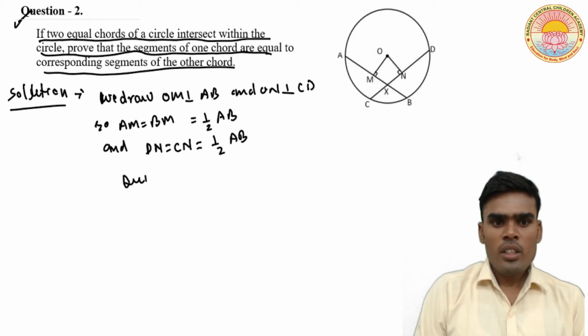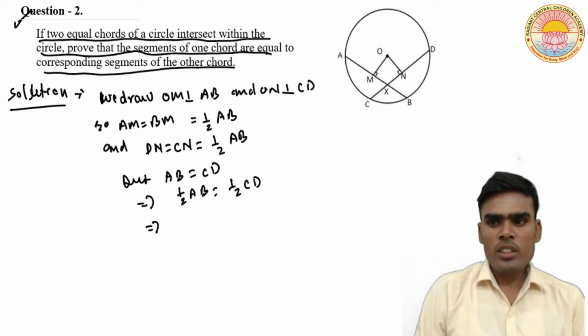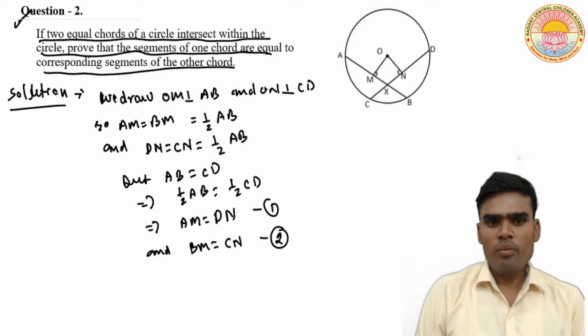But AB is equal to CD. This implies that 1 upon 2 AB is equal to 1 upon 2 CD. Now we can say that AM is equal to DN, equation number first, and BM is equal to CN, equation number second.